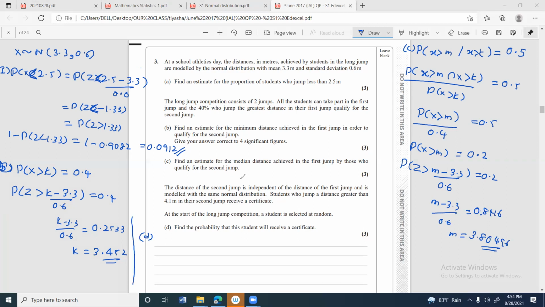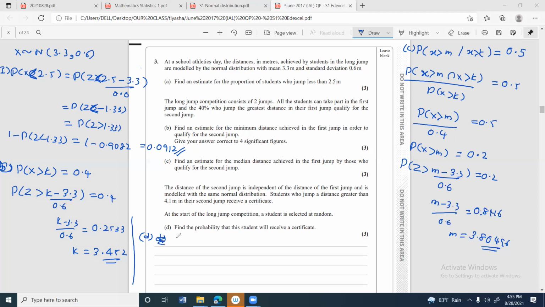The distance of the second jump is independent of the distance of the first jump, and it's modeled with the same normal distribution. A student who jumps a distance greater than 4.1 in their second jump receives a certificate. At the start of the long jump competition, a student is selected at random. Find the probability that the student will receive a certificate. To receive a certificate, what is the condition?